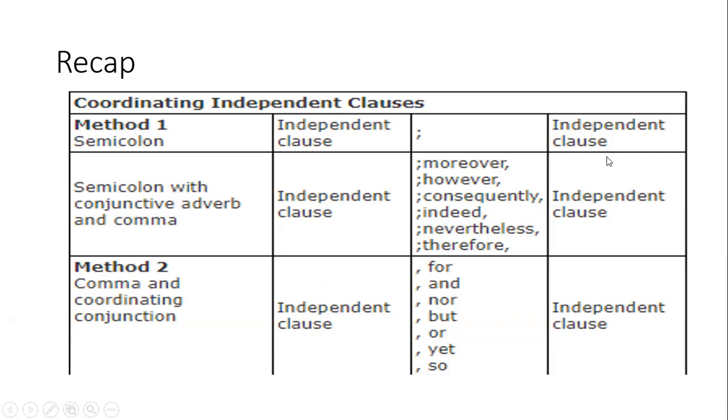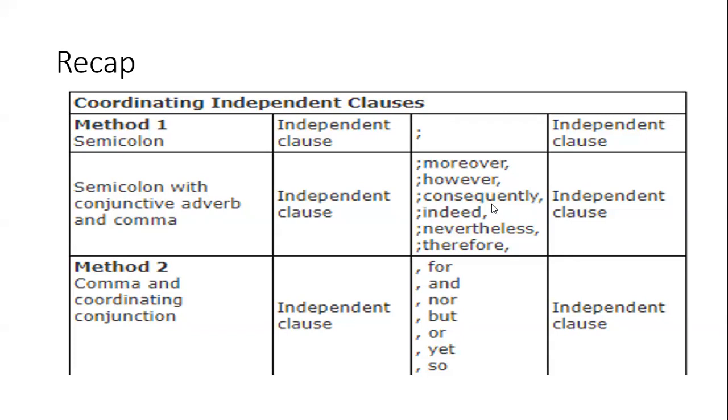This is the right way to bring two independent clauses together, with a semicolon. Second method, within the semicolon, if you have to use transitions which are there in the options, look out for semicolon, moreover, comma; semicolon, however, comma. Very frequently tested.